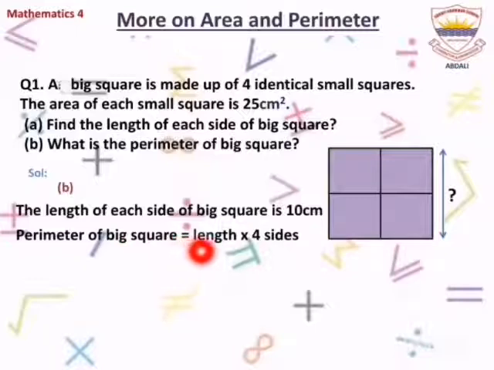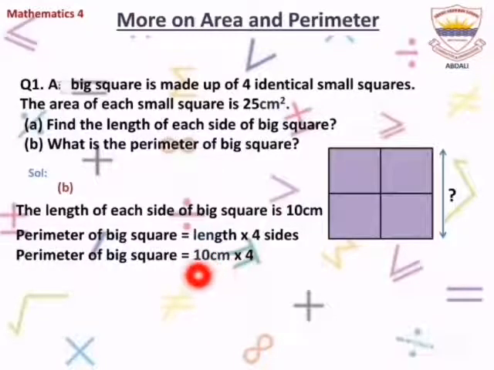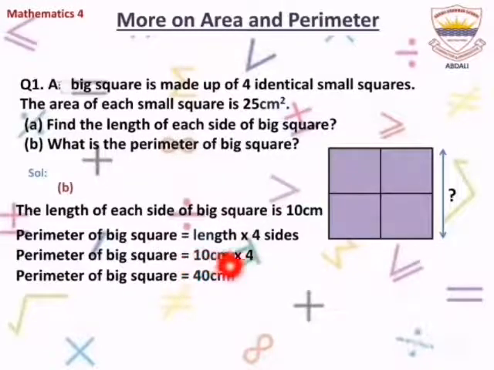So 10 cm multiplied by 4, and we get the perimeter of the big square, 40 cm.